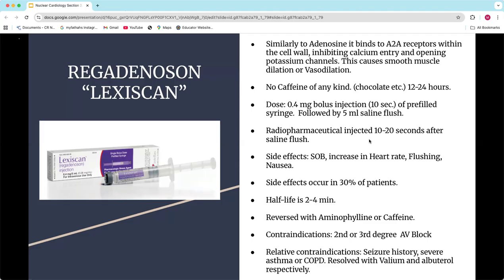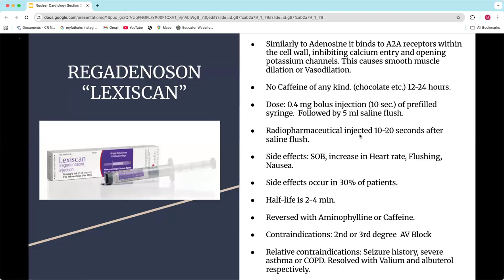Now, there's a caveat here. You'll see this on some of the packaging, but the packaging also talks about getting peak vasodilatation at around 90 seconds. Let me tell you why, in our department, we've adjusted and we don't use the 10 to 20 second radiopharmaceutical injection anymore. We go 90 seconds.